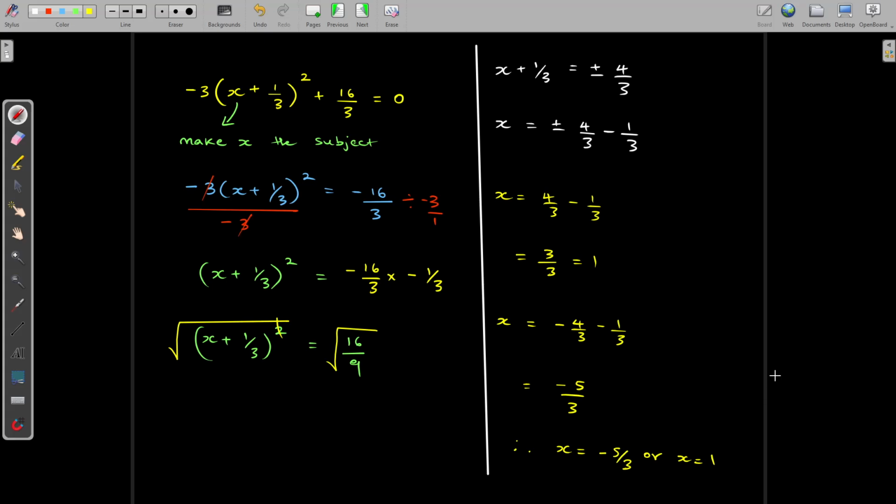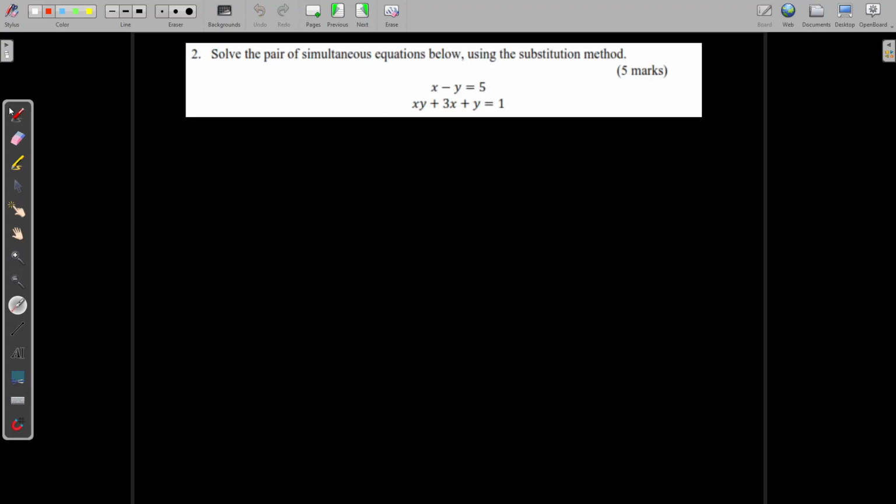So these are your two solutions for x, and that's your 8 marks. So pretty straightforward, nothing too complicated. Just be mindful of the operation here. You need to look at what you're transposing first, what you need to transpose next in order to get your solutions. Alright, so let's take a look at the next question.